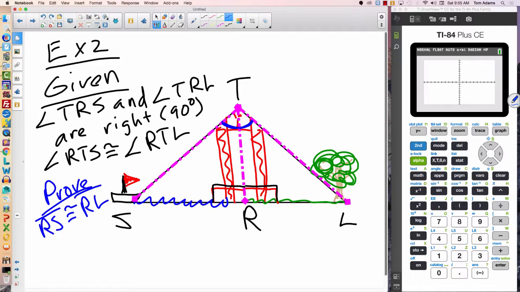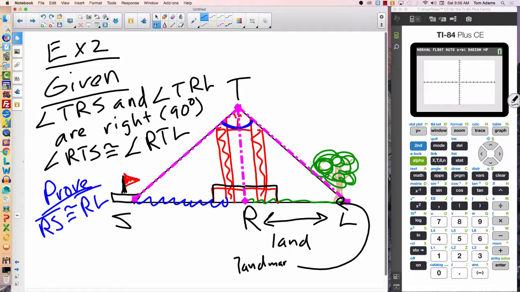So in practicality, basically what Thales knew was that it was easy for him to measure this because this was on land, right? So he could measure the distance from here to here because it was on land, and so he'd have this landmark, right? So he'd have this landmark with a known fixed distance, or other landmarks where he knew the distance, and then he would just swing his compass the other way and try to determine how far the ship was out to sea.